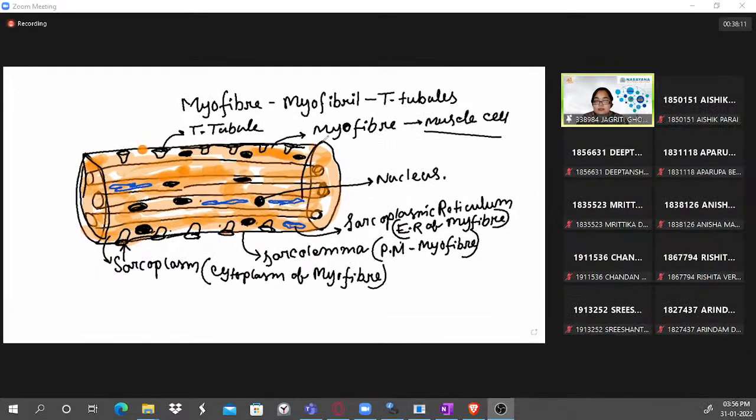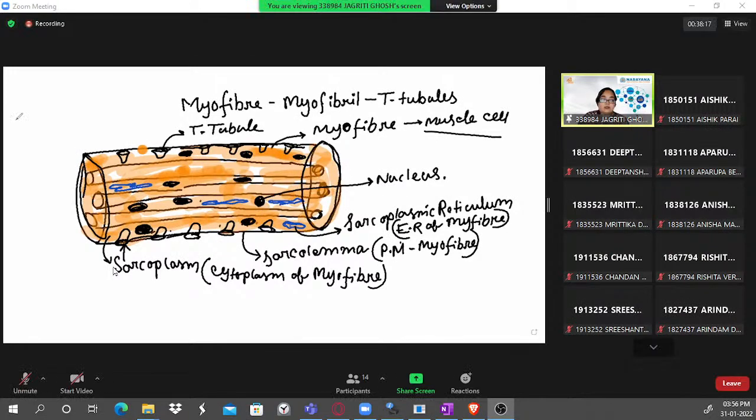This was the structure of the muscle cell I drew in the very first period, and now we are watching that structure under a high power microscope.